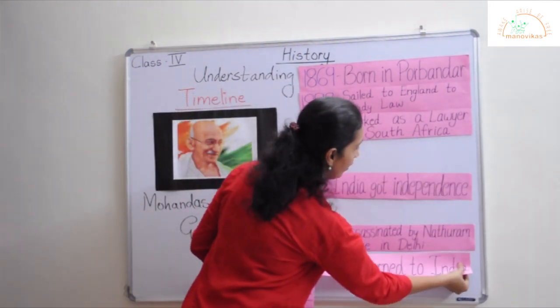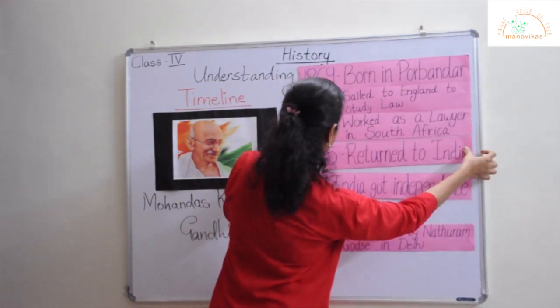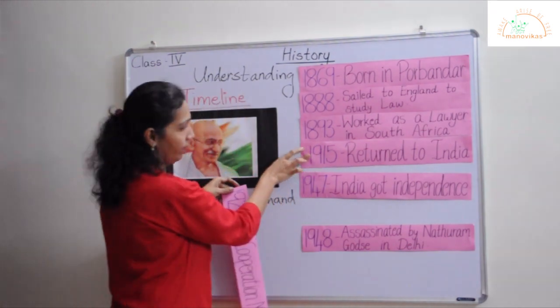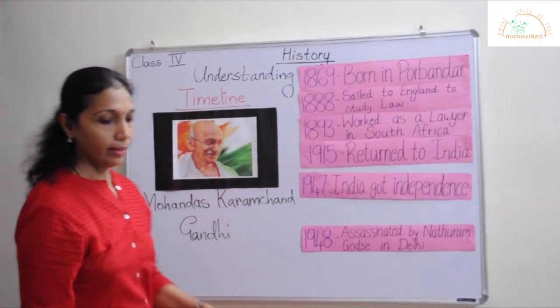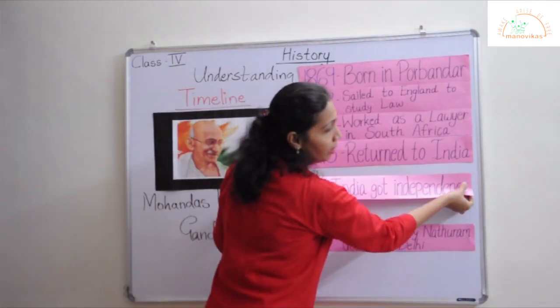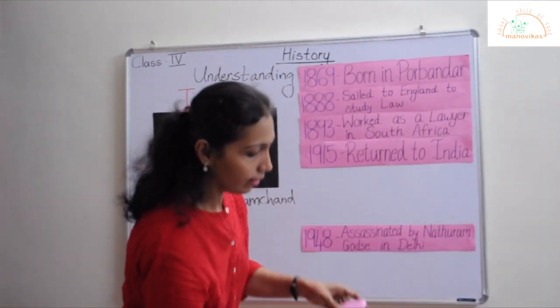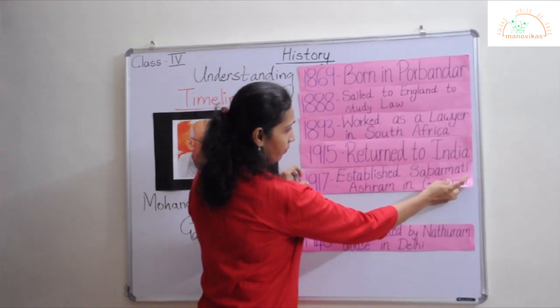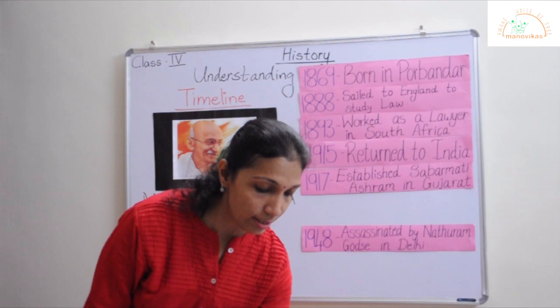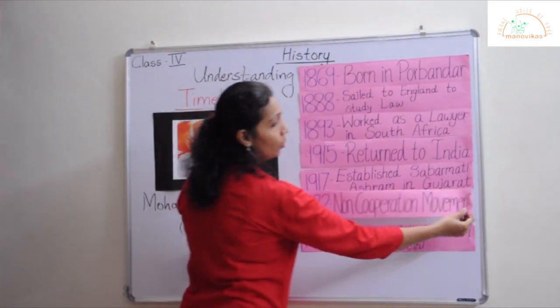He returned to India. Then, as soon as he returned back to India, Sabarmati Ashram in Gujarat, that is in 1917. And in 1922, he started with non-cooperation movement.